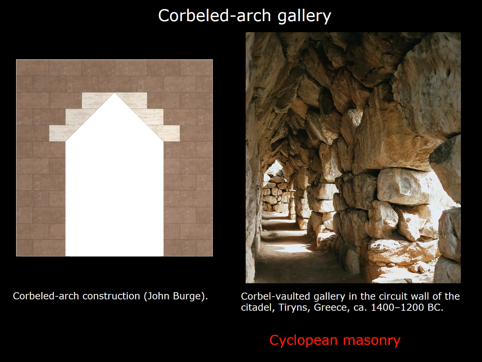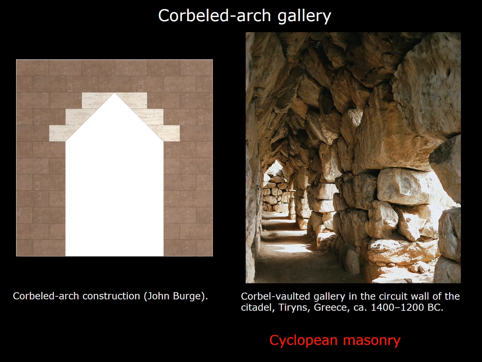You can see what that construction looks like with the diagram on the left. They're basically large blocks of stone piled up in a horizontal format and cantilevered inward until the two sides meet in that pointed arch. Of course, very precise, very thoughtfully done.